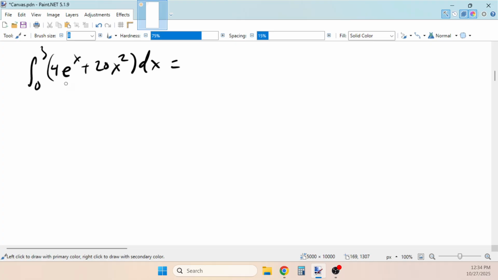Well, this part is an exponential in x. So the antiderivative, for an exponent, take the antiderivative.